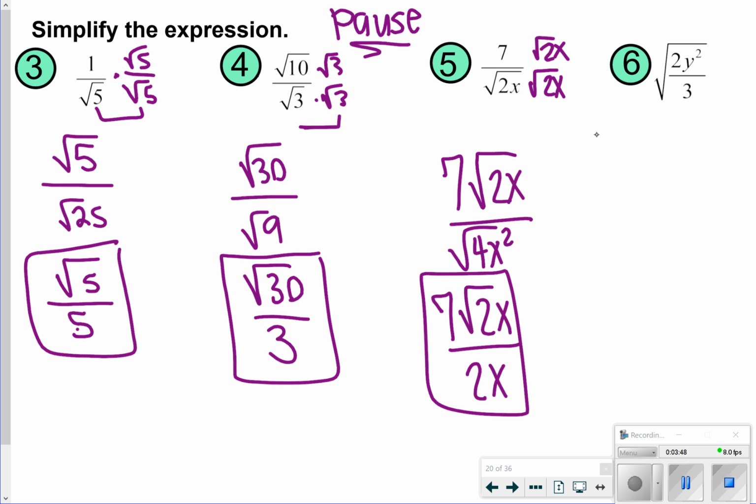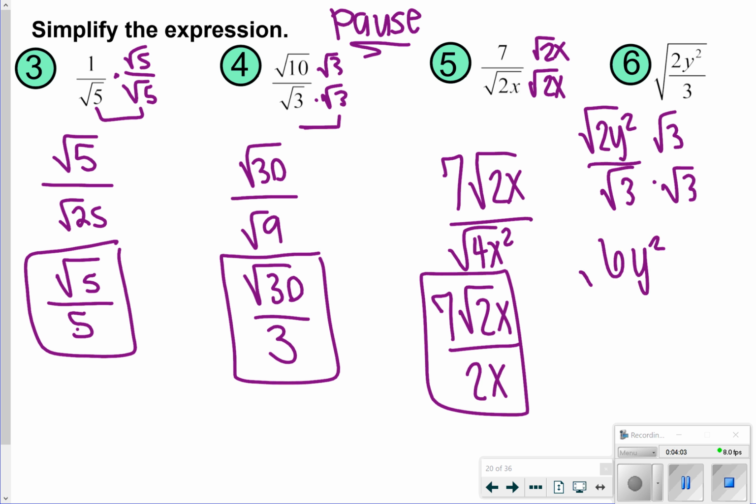The last one in number 6, I would recommend maybe breaking this up into that quotient property we talked about in the previous video. So we have this if I break it up, and then we multiply both top and bottom by the square root of 3. So on the top I would get the square root of 6y squared, and then over 3. I do see one thing I can break down.